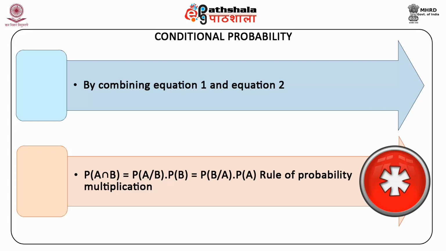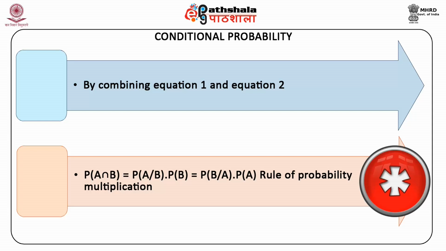According to this theorem, the probability of any two events A and B occurring jointly, that is, probability of A intersection B, is found by multiplying the probability of one of the events by the probability of the other, given the condition that first event has occurred or will occur.